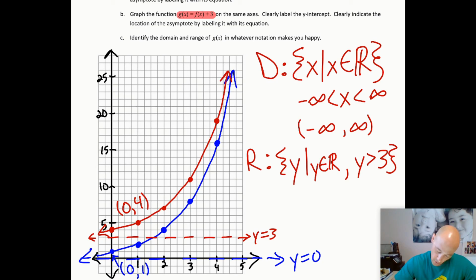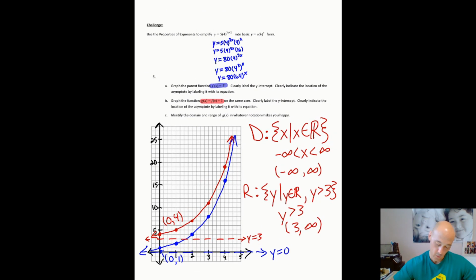And so here we're going to say y is greater than 3. And we can also say that in the range we're going from 3 up to positive infinity. And that would be the way that you can write the domain and range there.